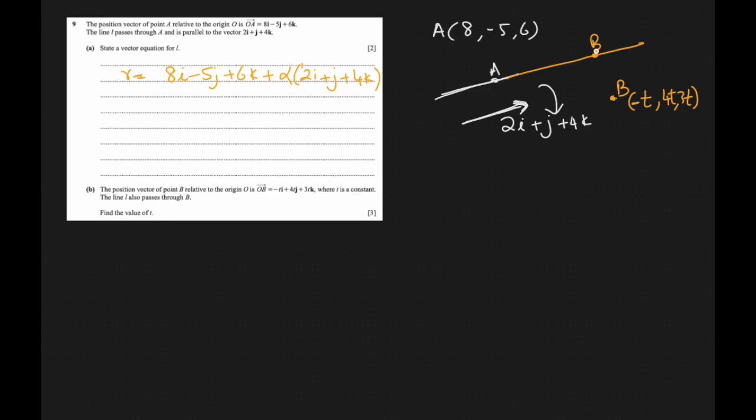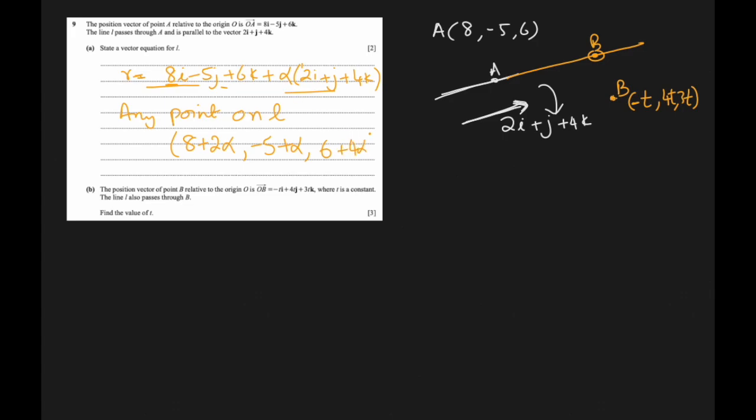If B is part of the line, it will satisfy this line. So any point on L, the coordinates will be 8 plus 2 alpha, minus 5 plus 1 alpha, and 6 plus 4 alpha.